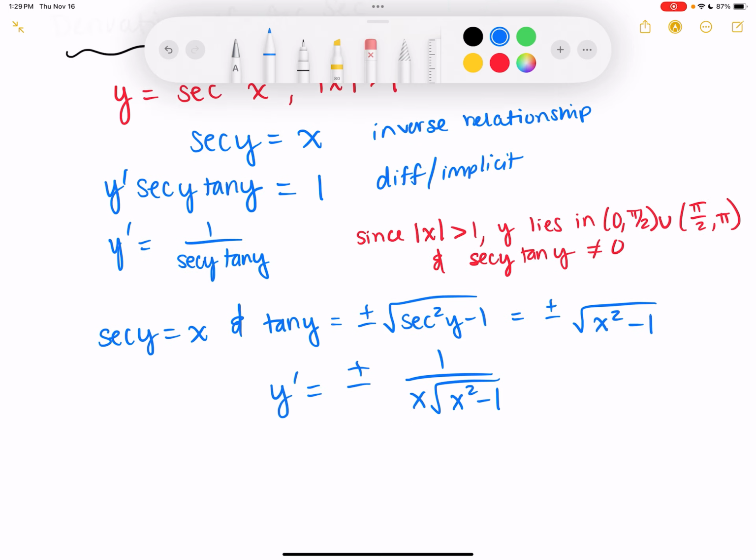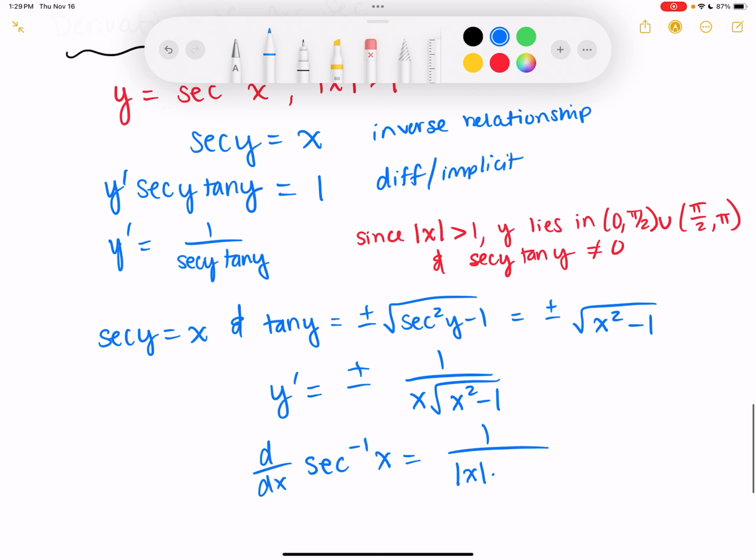So then the other way that we sometimes will write this, because we want to eliminate having to have this plus or minus, is we will actually write d dx of the inverse secant of x is equal to 1 over the absolute value of x times the square root of x squared minus 1.